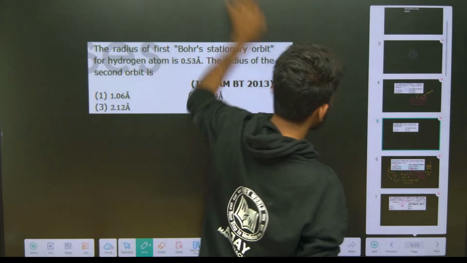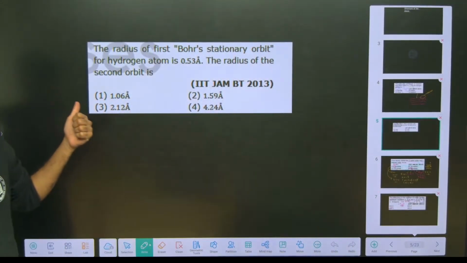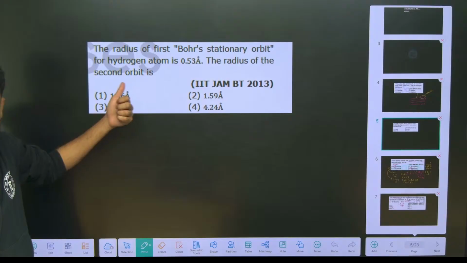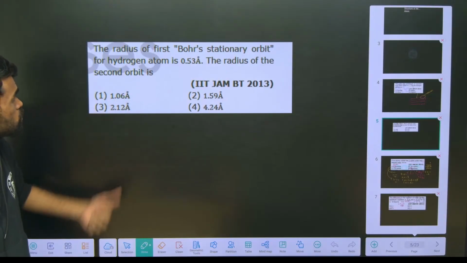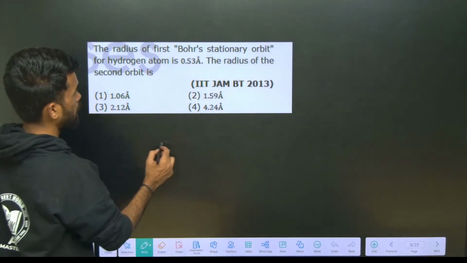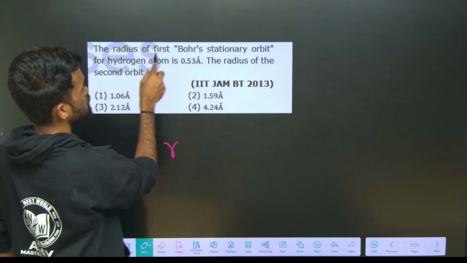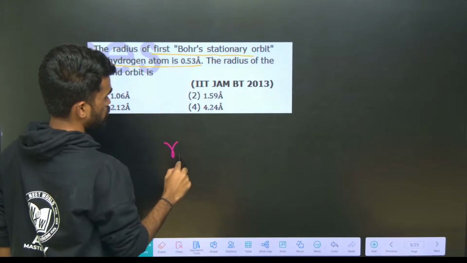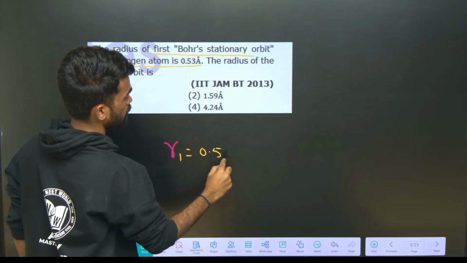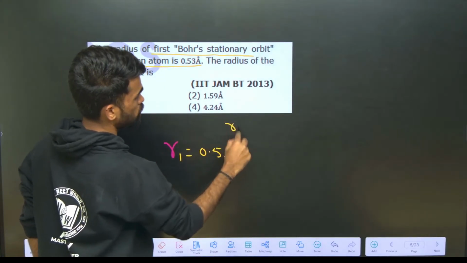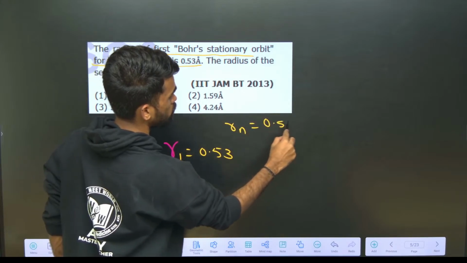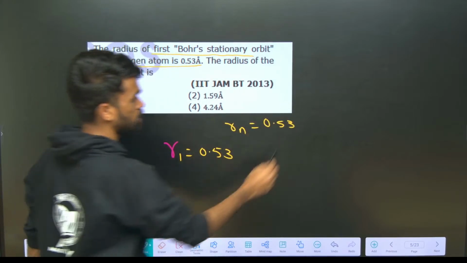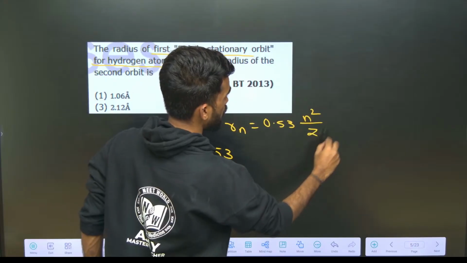Now we already solved this question related to Bohr's atomic radius. What is the formula we should use? See what they are saying: the radius of the first Bohr stationary orbit of the hydrogen atom is this much, R1 is 0.53 Å. So the formula is Rn equals 0.529, or 0.53 you can take, times n squared by Z angstroms.